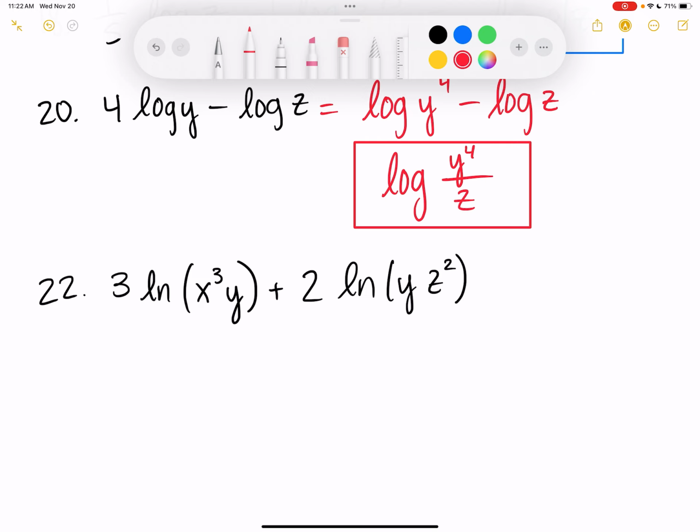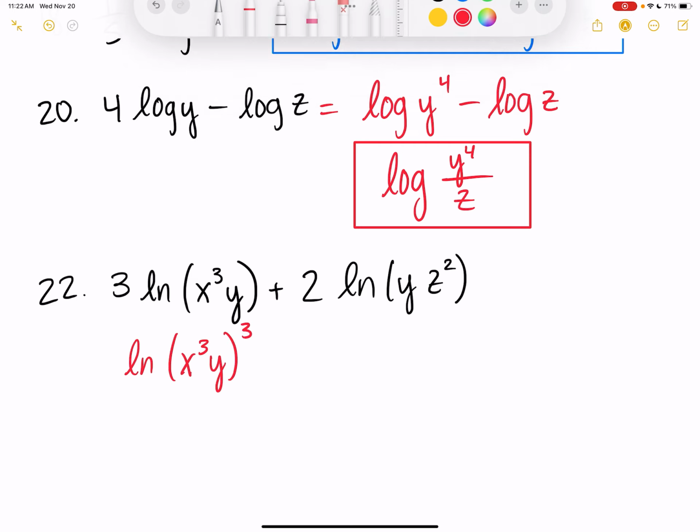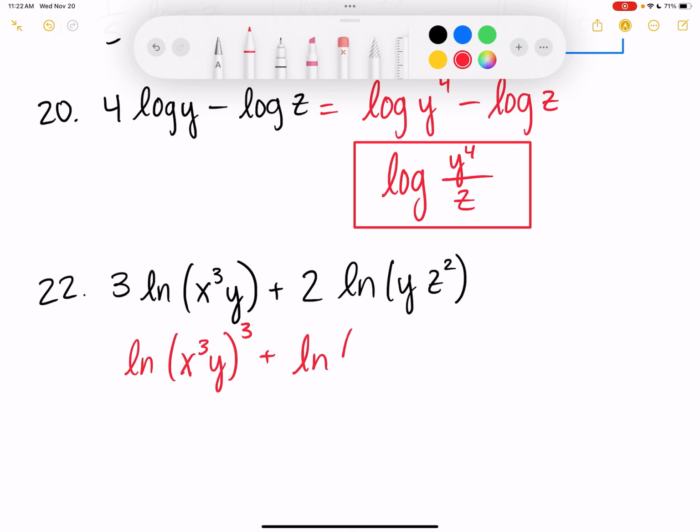Remember, we're trying to make it one single log, so what would the first thing that I need to do be? I'm going to put the powers up here. So I'm going to have the ln of x cubed y raised to the 3rd plus the ln of yz squared.